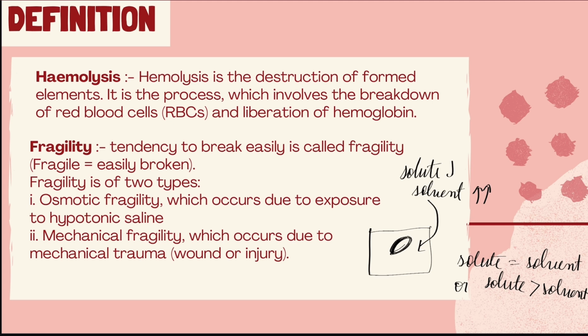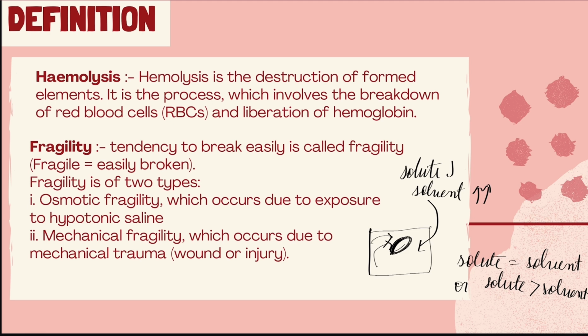So finally when it is put into a hypotonic solution, the solvent moves inside this RBC, as a result of which the solvent concentration of the RBC increases, and up to a certain limit it can accommodate the solvent, but after that the membrane breaks down and ruptures, leading to hemolysis.